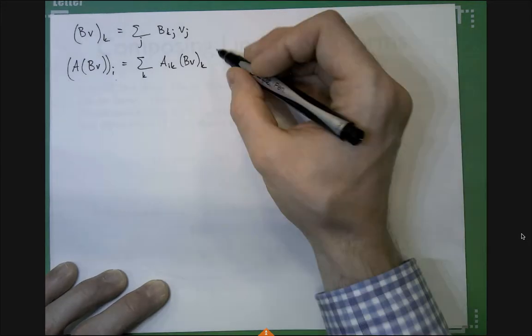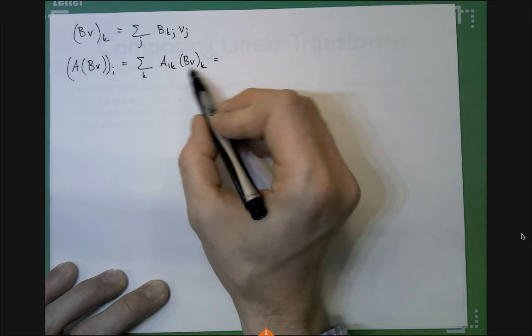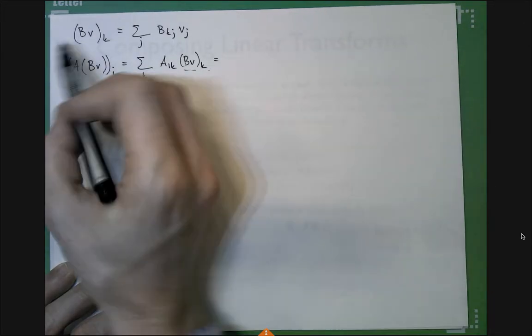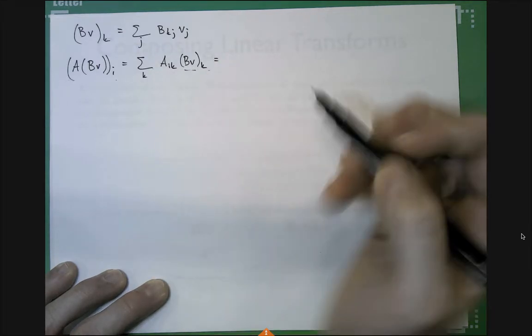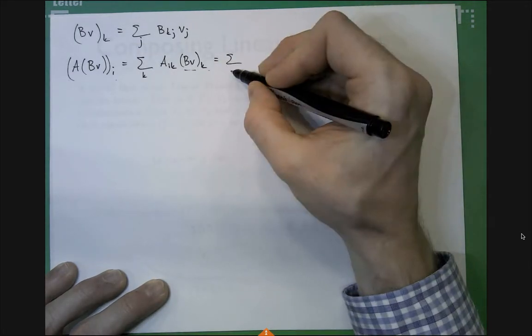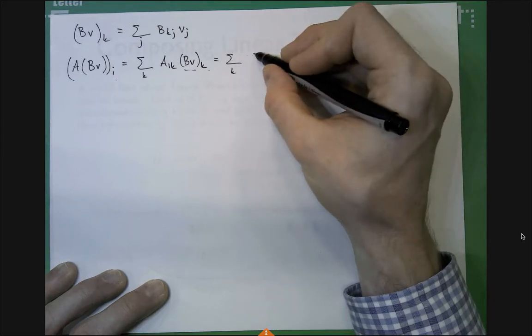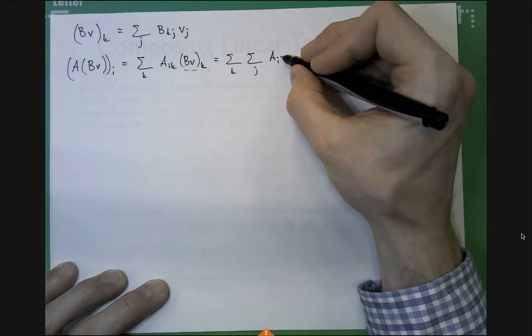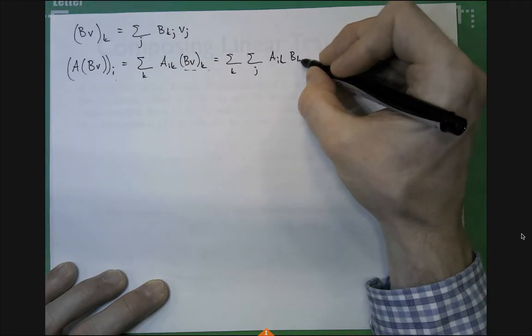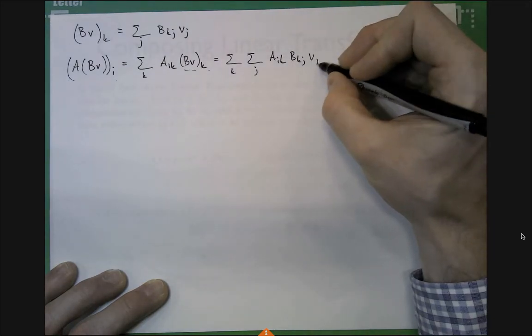Okay. So this is again just applying the matrix-vector multiplication formula per element. And then what I can do is substitute this form. Let me plug in this expression in here. And what I get is a sum over k. Let me move the sum over here so the sums are nicely together. And here I have A_ik, B_kj, and V_j.